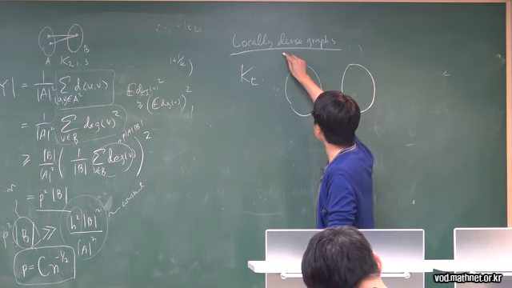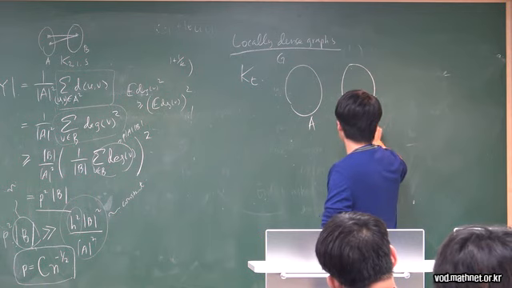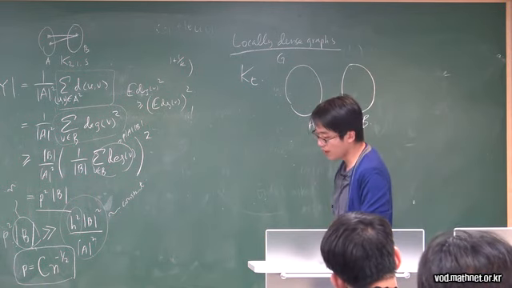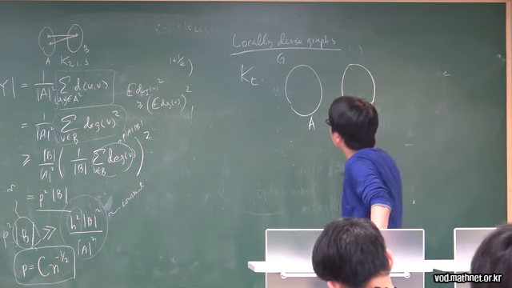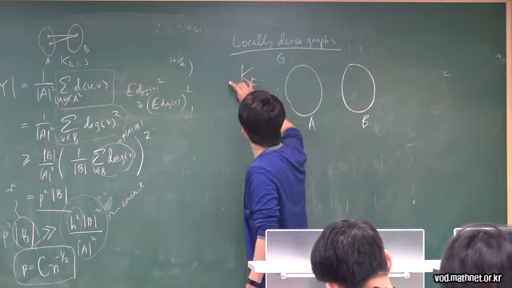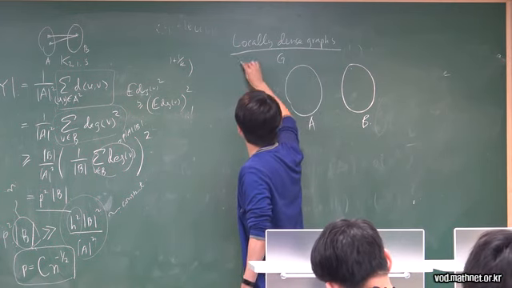So here's my G, a bipartite graph on A union B, and I want to embed the one subdivision of KT, which is HT.